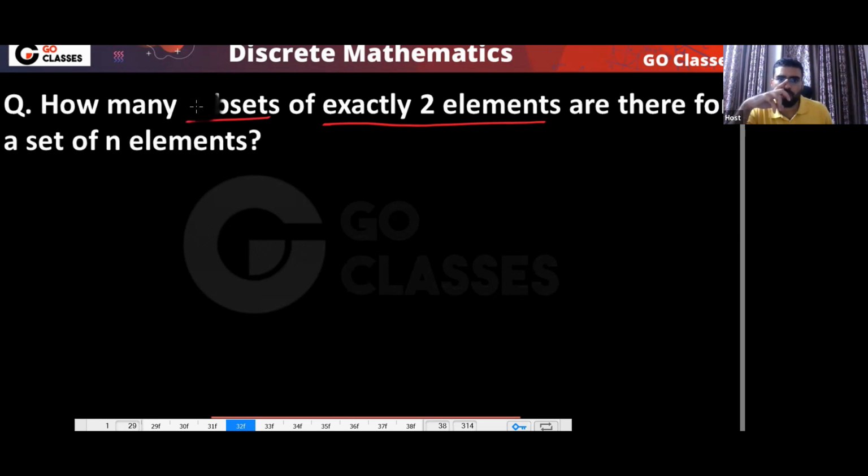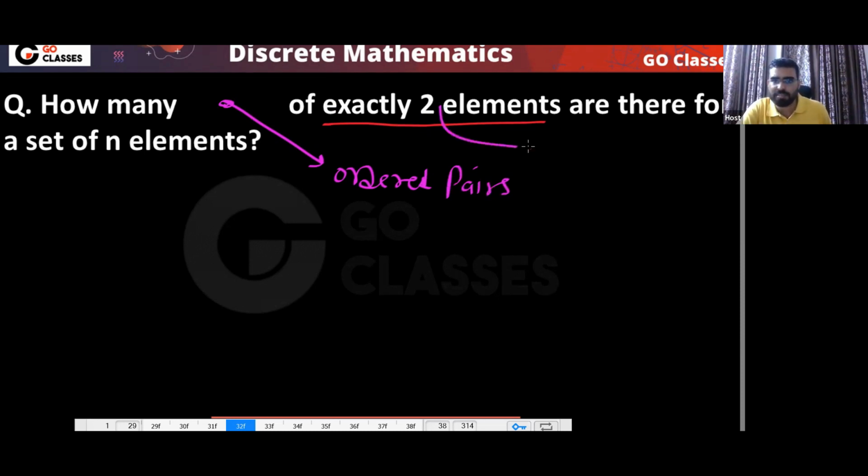If I ask you how many ordered pairs of exactly 2 different elements, the answer is very simple.